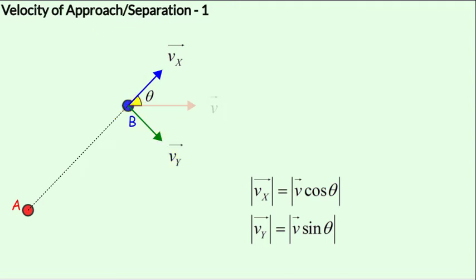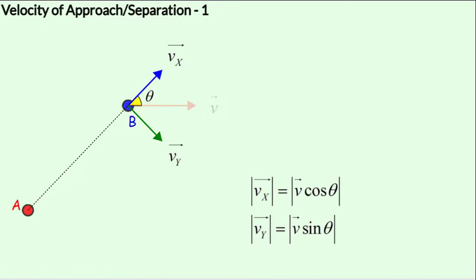If you think of the axes rotated such that the x-axis is along the line AB and the y-axis is perpendicular to this line, then we can call the vector along the line AB as Vx and the vector perpendicular to the line AB as Vy.